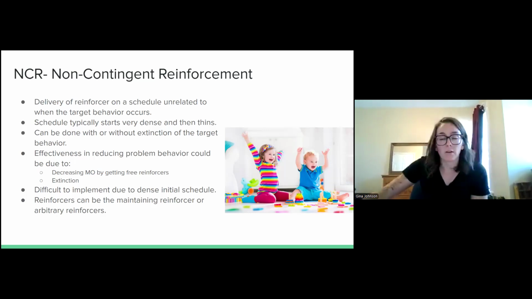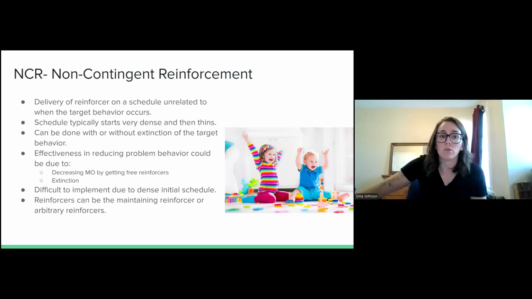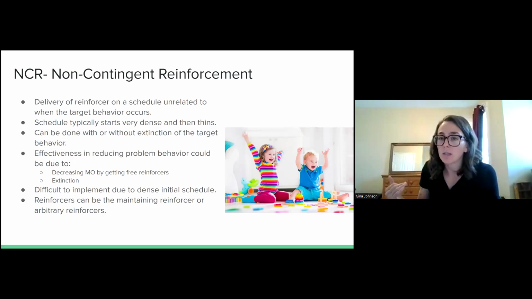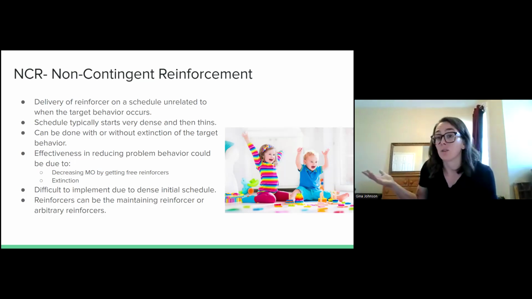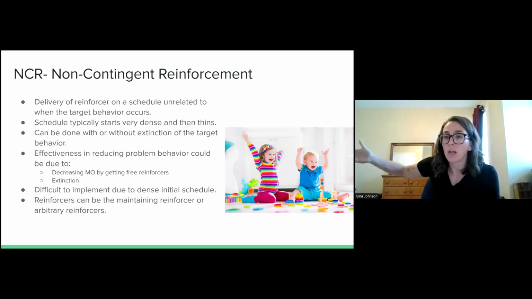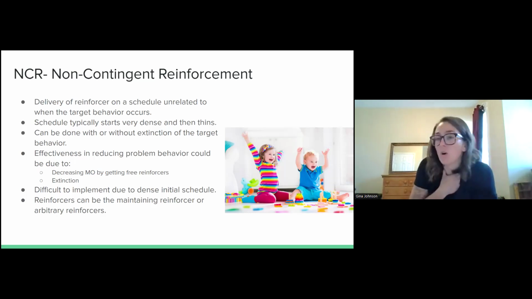So if you get reinforcement for free, satiation occurs, the MO decreases, and the likelihood of that behavior decreases on its own. And then also extinction, right? They're accessing the same reinforcer for free, and then when the problem behavior happens, in the cases where they are choosing to implement extinction, it does not contact reinforcement. There's no reinforcement.